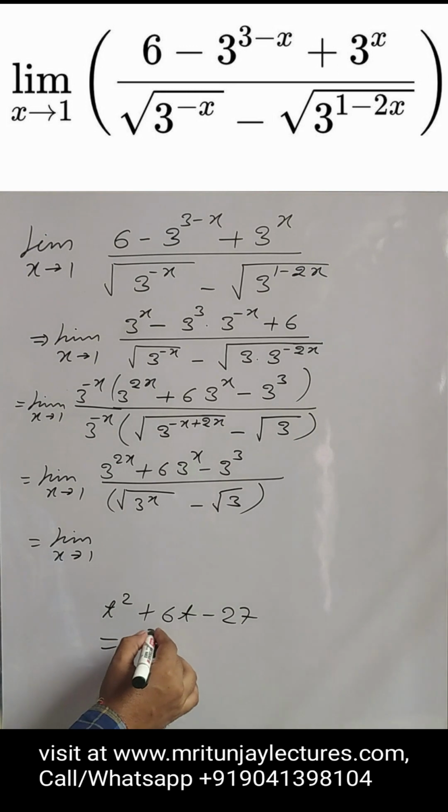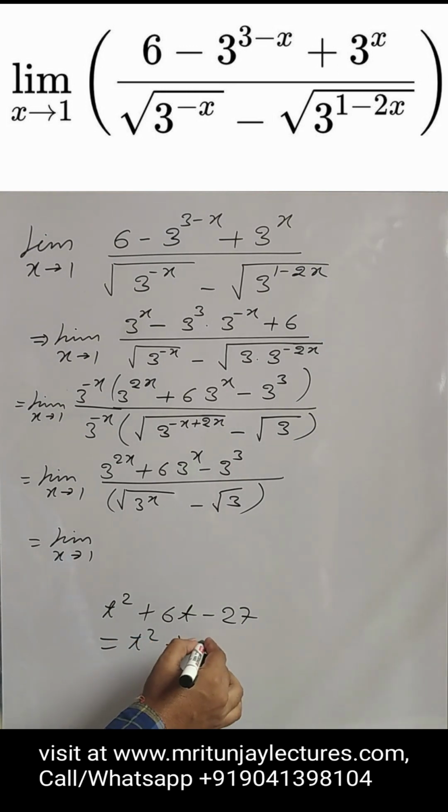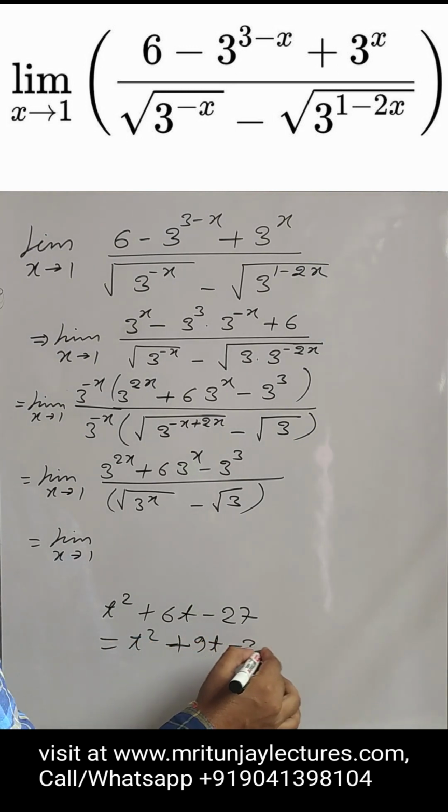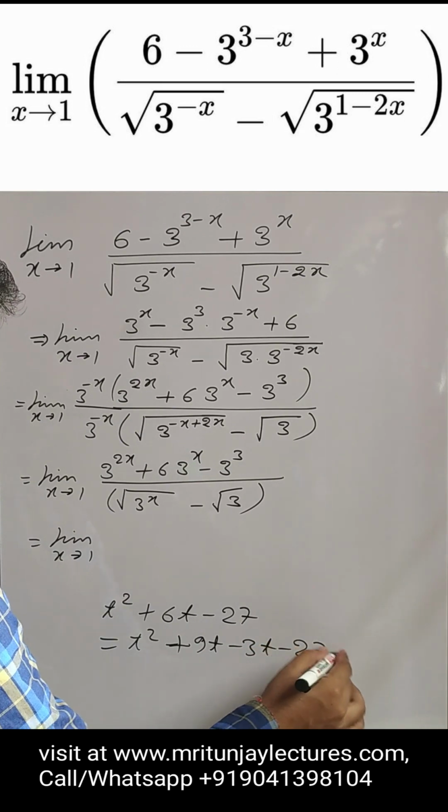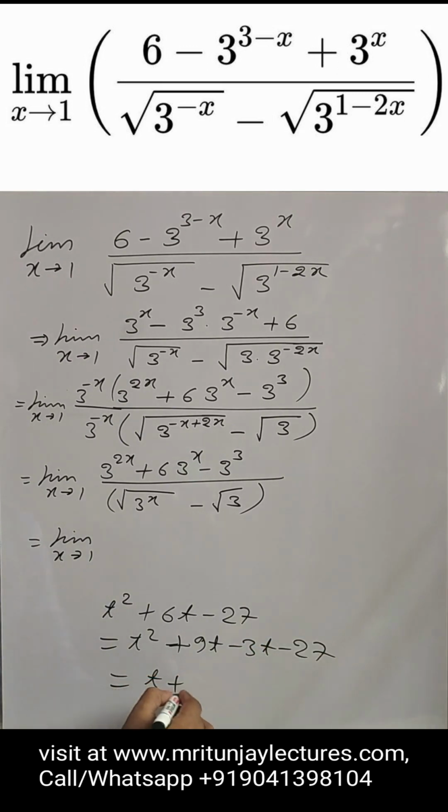This one is factorized, then we get 9t minus 3t minus 27, that is t plus 9 in bracket, and the second one t minus 3.